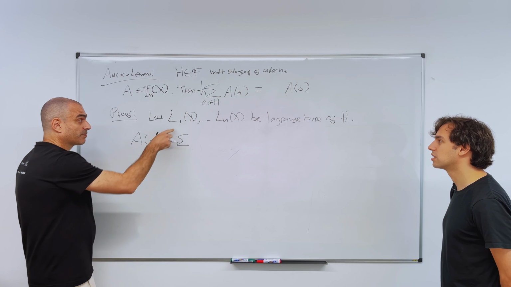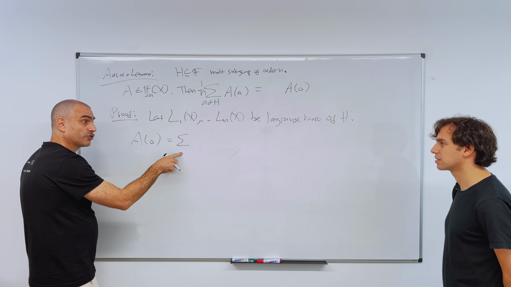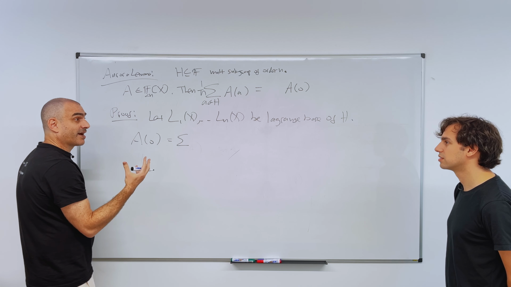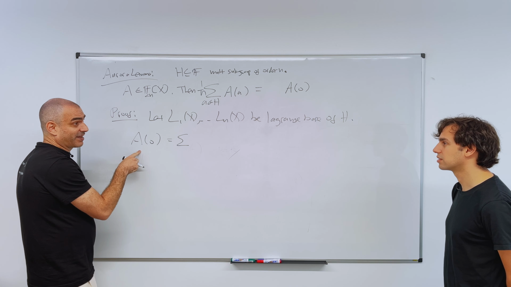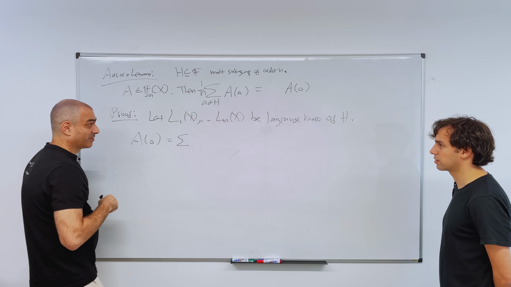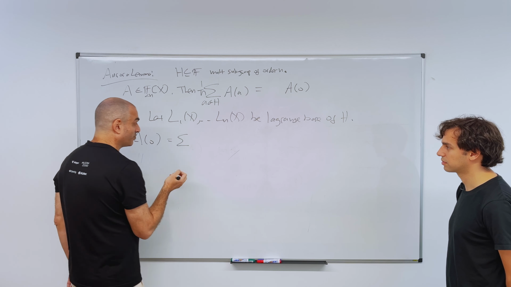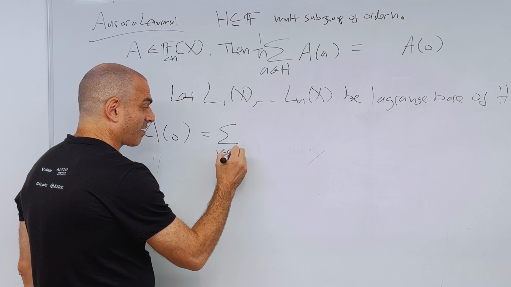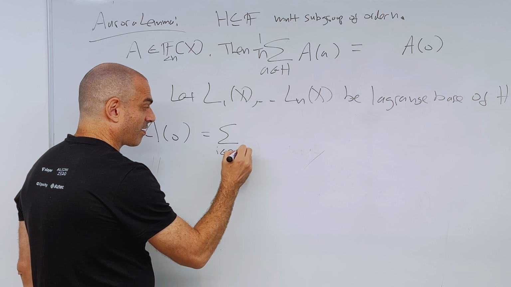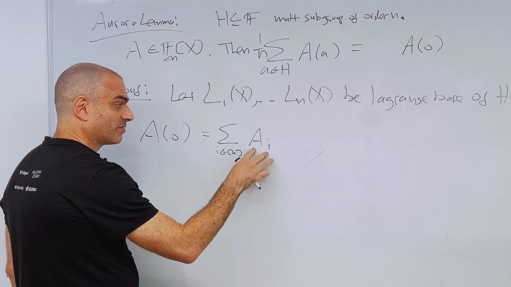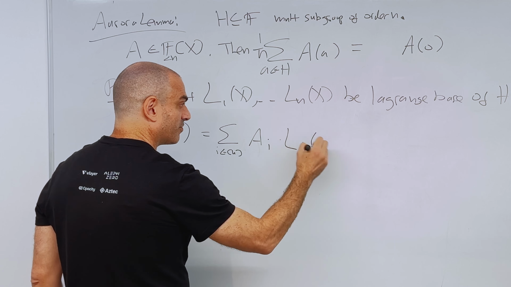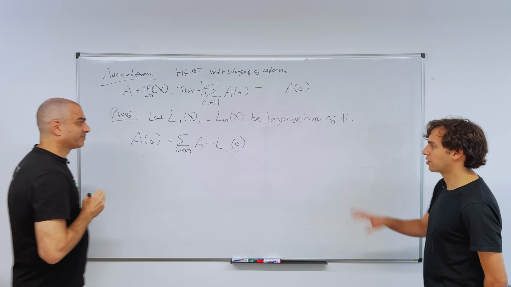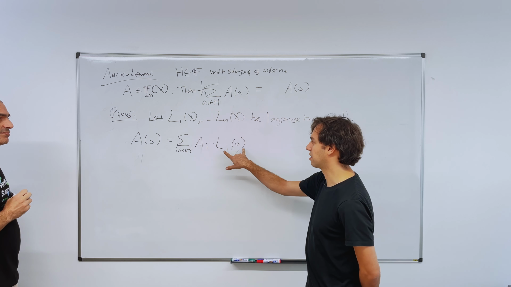That's what's nice about the Lagrange basis: the ith coefficient is just the value of A at the ith point of H. So this is simply A_i times L_i(0). So you meant coefficient in this L_i form.